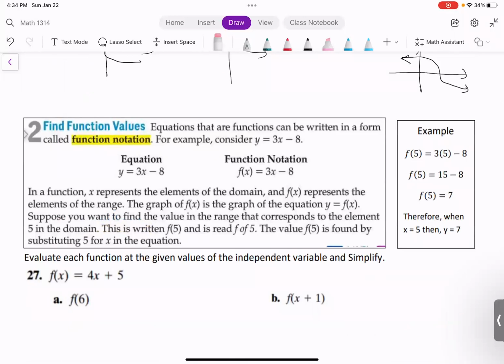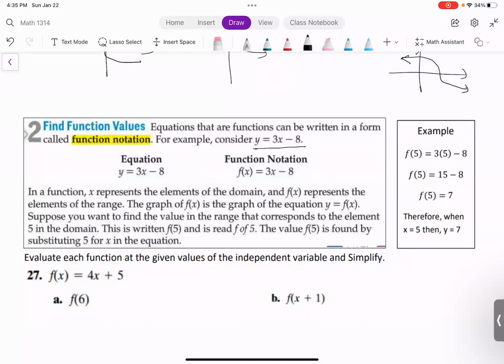Find the function values. Equations that are functions can be written in a form called function notation. For example, consider the relationship of x and y. y equals 3x minus 8.